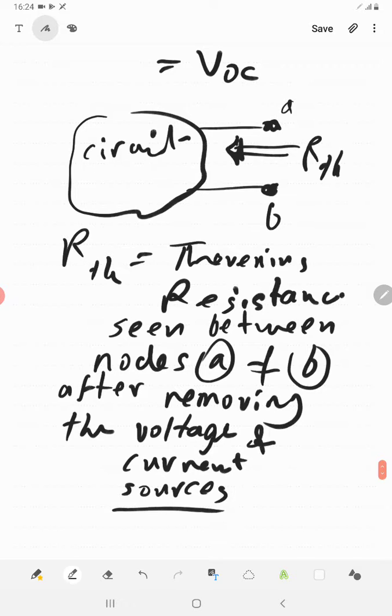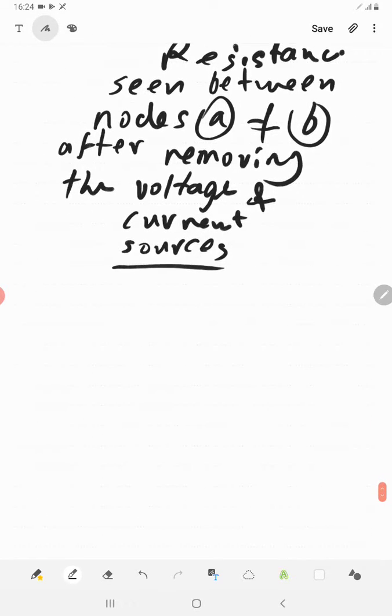So we remove the voltage source and current sources from the circuit, and then we measure the resistance.